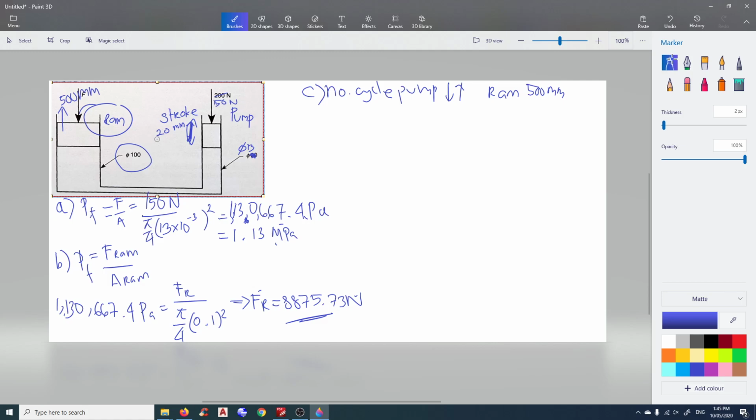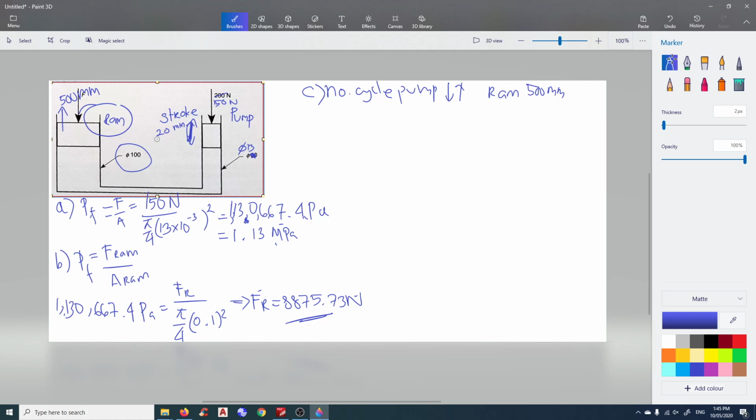When we have a stroke, remember this is a cylinder. You're looking at a plan view or side view, a two-dimensional view, but actually this is a cylinder. So when you have a diameter of the pump and a stroke, you have a volume, and the same with the ram.